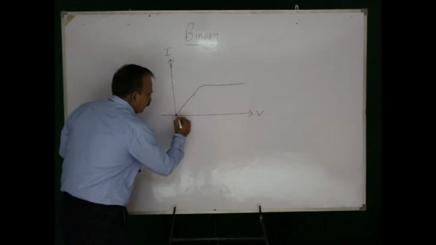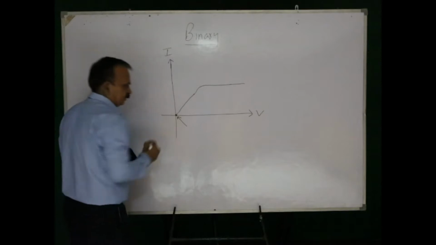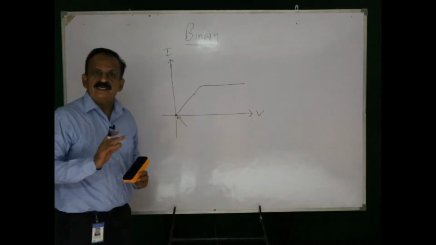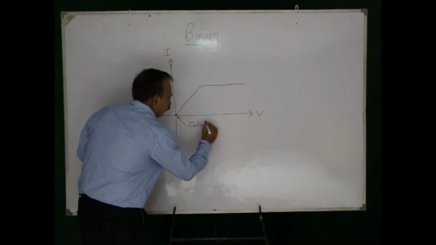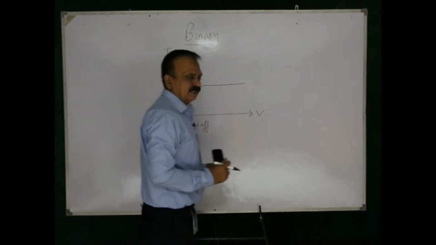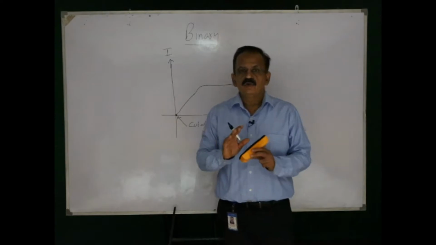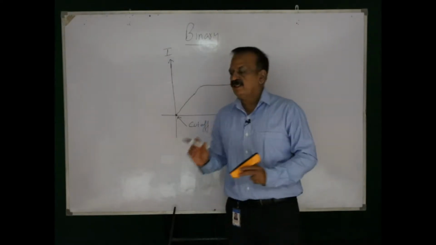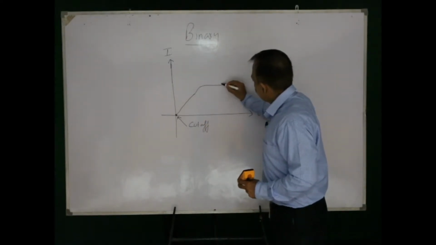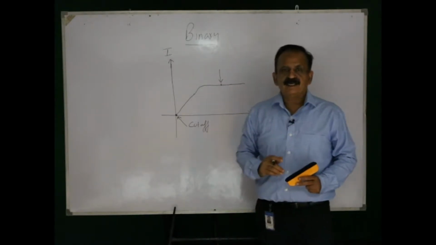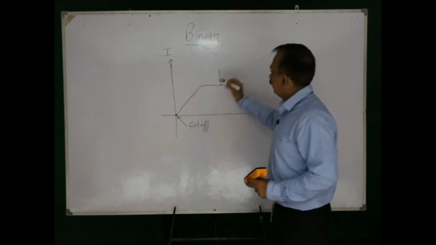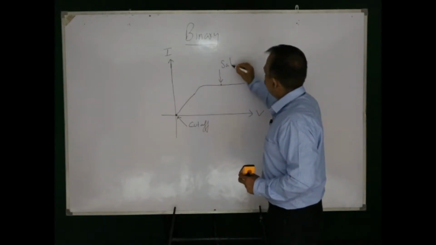Now, this particular point where voltage is 0 and no current is passing through the device is known as the cutoff point. That means no current is passing through the device. And this particular part where, with the increase of voltage, the current is not increasing is called the saturation part.